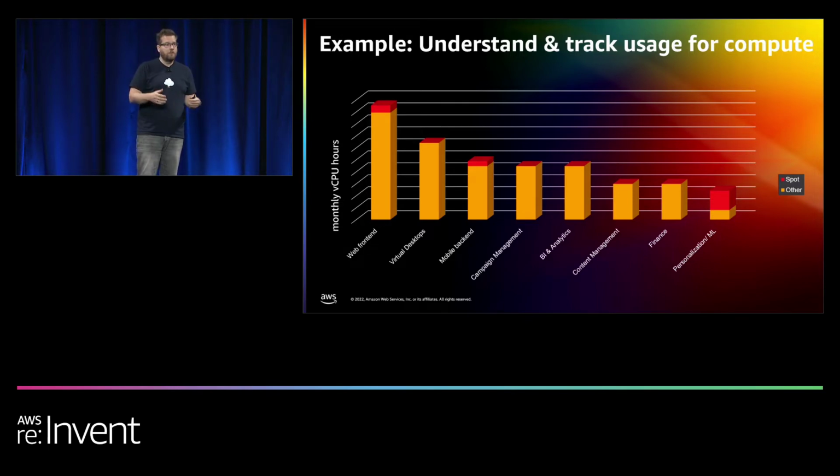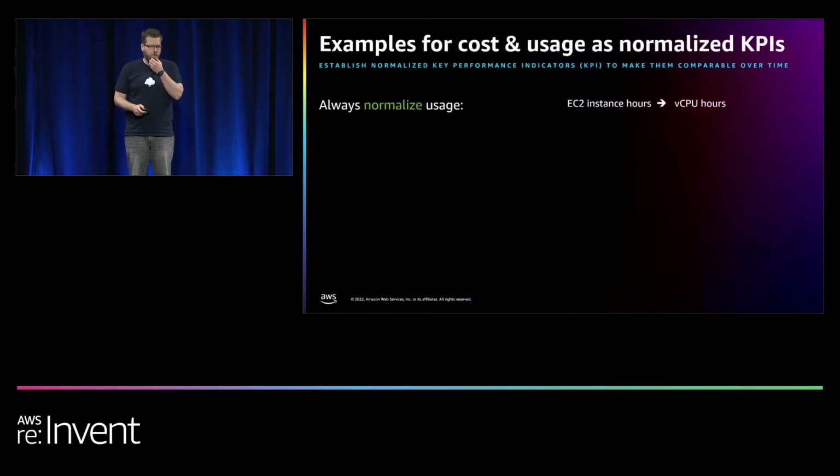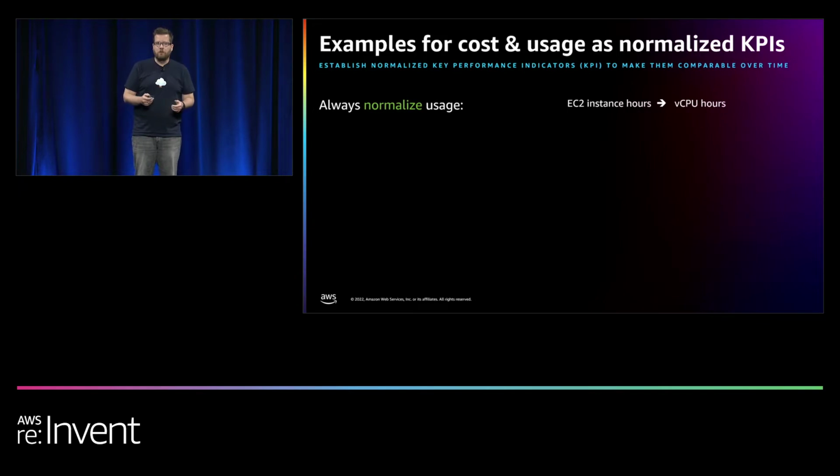Other applications might run very big instances for the full month. So it's important that, for comparison, you normalize this. And I want to spend a few minutes on good normalization, which you can do for your metrics and KPIs.